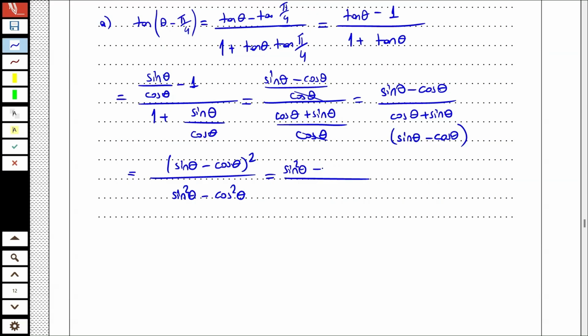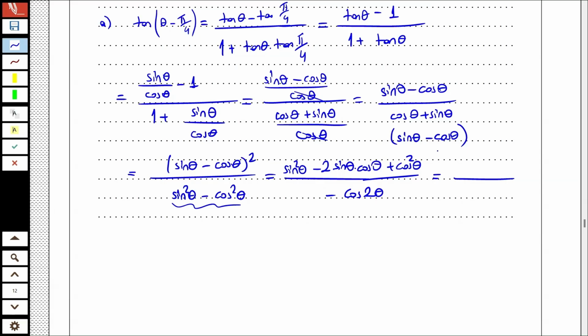Sine squared theta minus 2 times sine theta times cosine theta plus cosine squared theta. And the denominator, by the double angle formula, is minus cosine 2 theta.